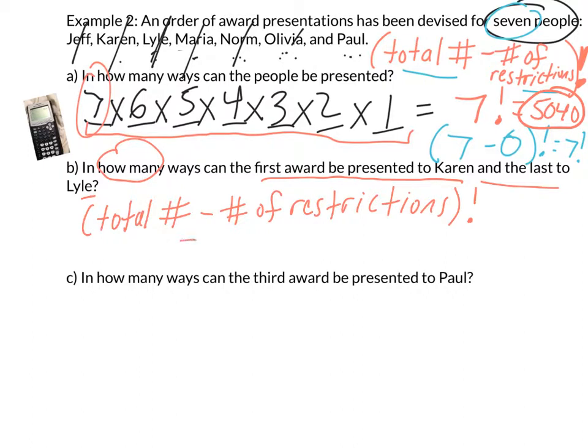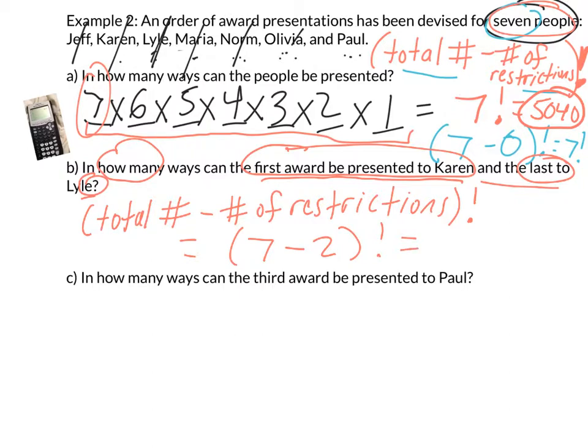So in this case, the total number of people is still 7, minus, well, the restrictions were that the first award has to go to Karen and the last award has to go to Lyle. So there are two restrictions, first to Karen and last to Lyle. Close the parentheses, factorial.